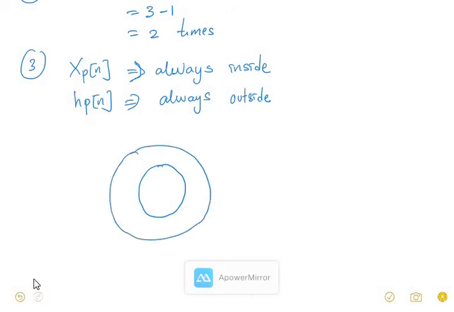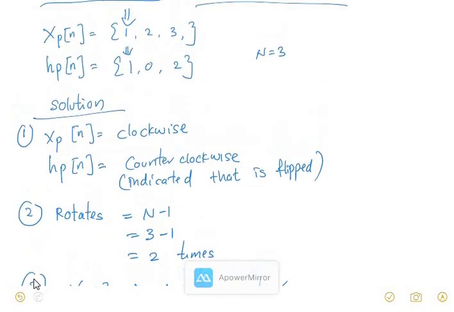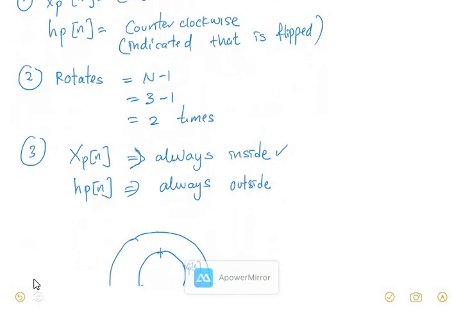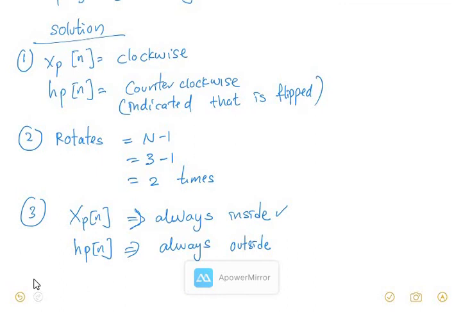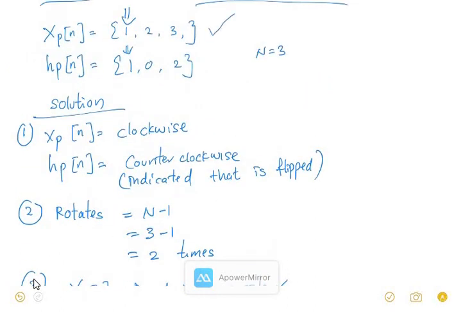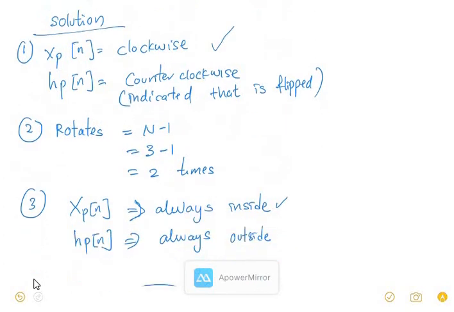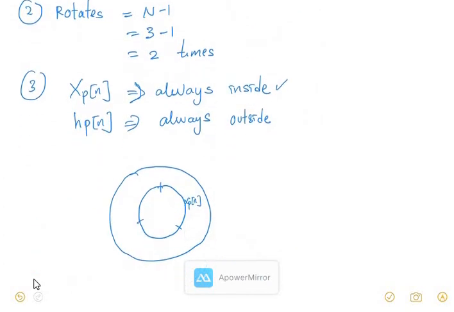I have the value of xp, and xp should always be inside. For xp(n), I have the values 1, 2, 3, and it is clockwise. So you put the values clockwise: 1, 2, 3.